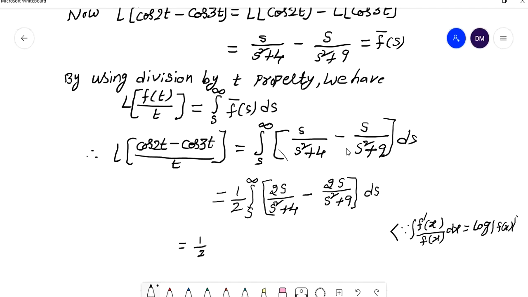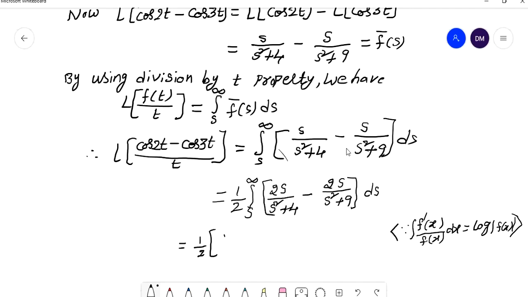By using that, see here, this is in the form of f dash of x by f of x. The derivative of s square plus 4 is 2s in the numerator, and the derivative of s square plus 9 is 2s. So the integration of f dash of x by f of x is log f of x.